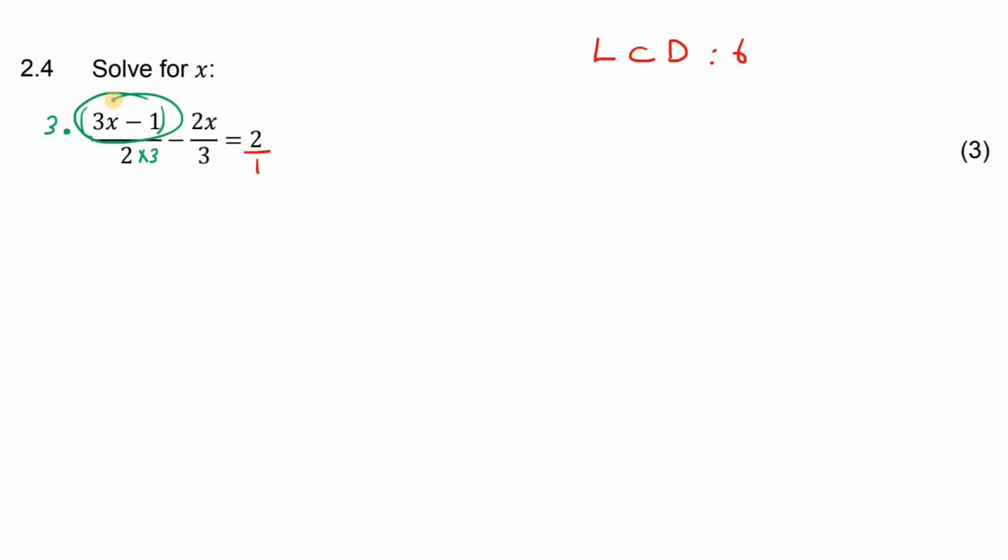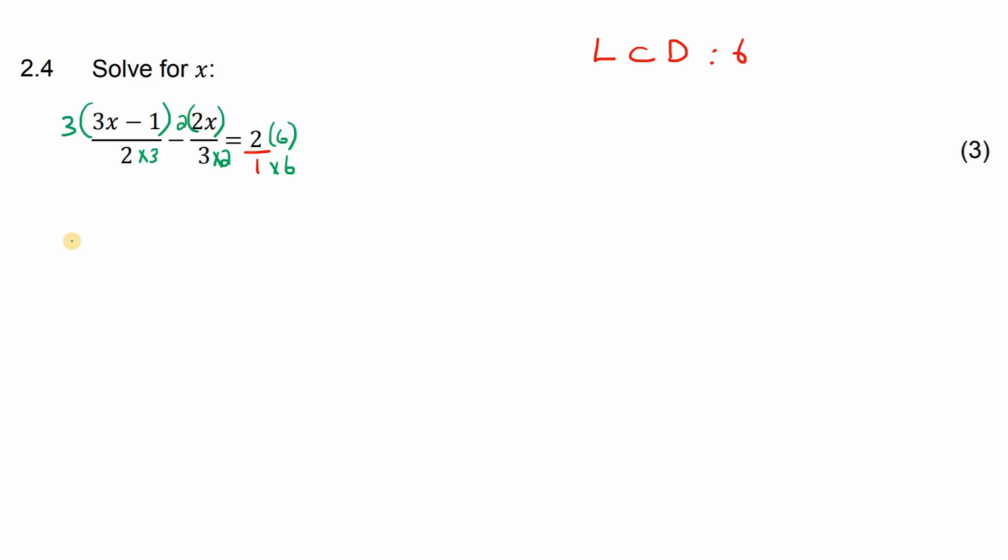Notice I'm putting a bracket because I don't only want to multiply this one by 3, I want to multiply the entire top by 3. Now, for this part, we would multiply by 2. But what you do to the bottom, you do to the top. And in this one, you multiply by 6, and what you do to the bottom, you do to the top.